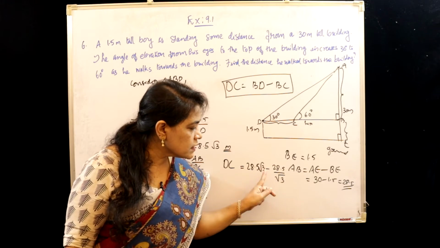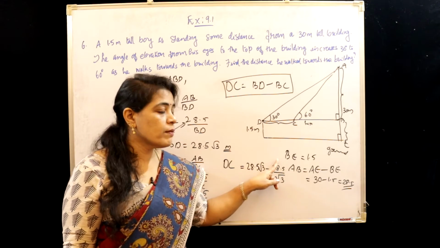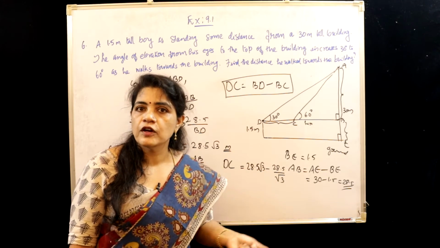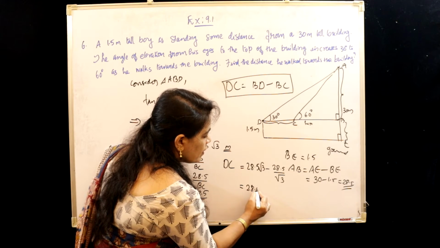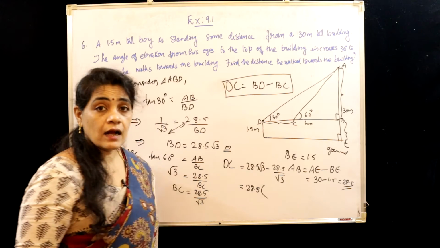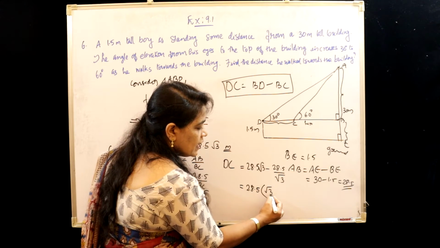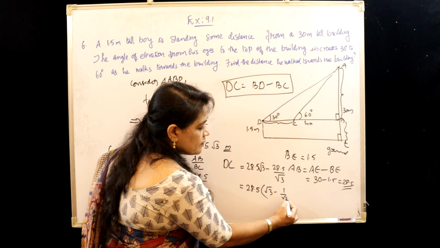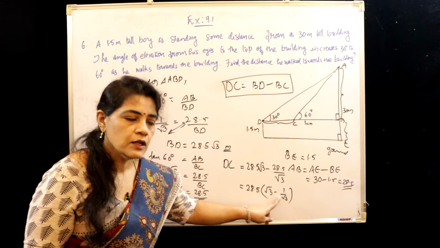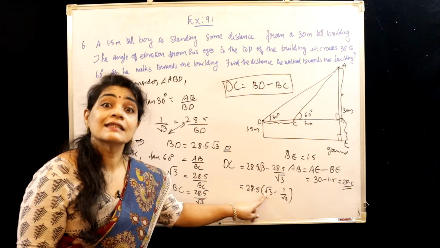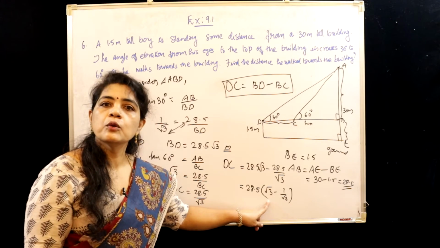Since these two terms are separated by minus, you can take the common factor, 28.5. By taking it outside, the remaining factor in the bracket is root 3 minus 1 by root 3. Then cross multiply because the minus sign is there. So root 3 into root 3 is 3, 3 minus 1, that is 2, divided by root 3.